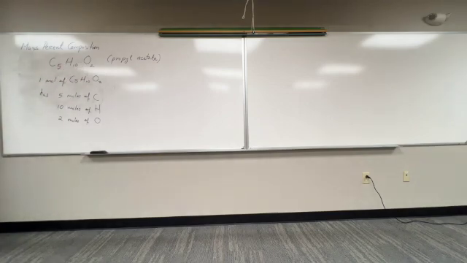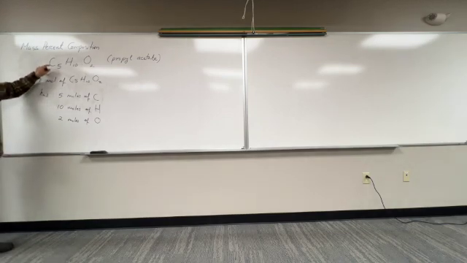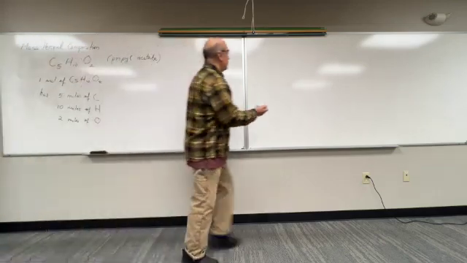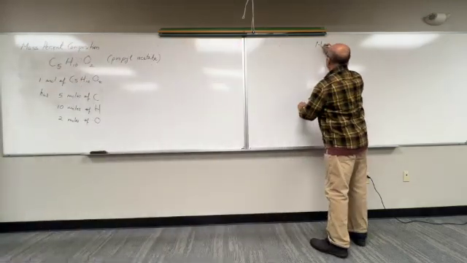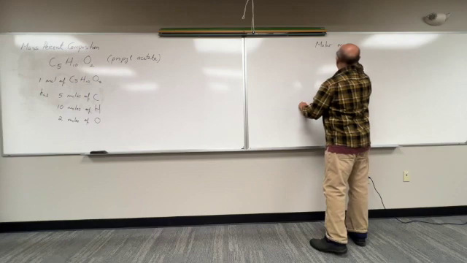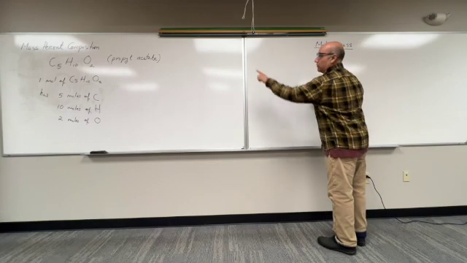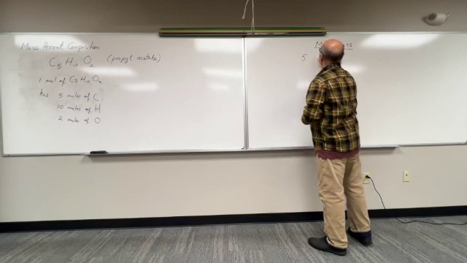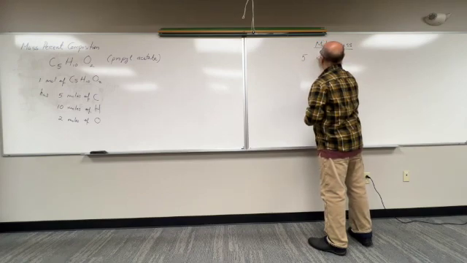Now remember that you can Google this. You can actually say, what is the molar mass of C5H10O2? And you'll get an answer. But you should remember that we know how to do it. So the molar mass of that molecule is going to be 5 carbons.